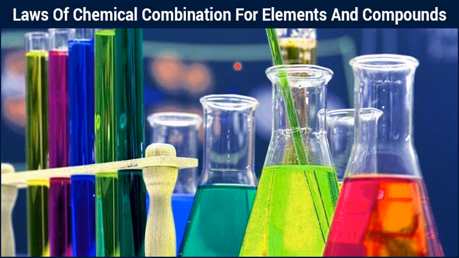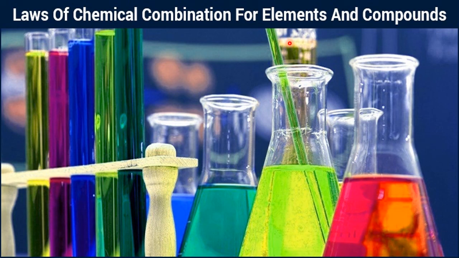But one thing you remember, elements and compounds, if they want to react, they react only under some conditions. So when the conditions are favorable, then they go for the combination, otherwise no. So what are the conditions for the combinations that we learn in the later classes? Now we discuss first, what are the laws?